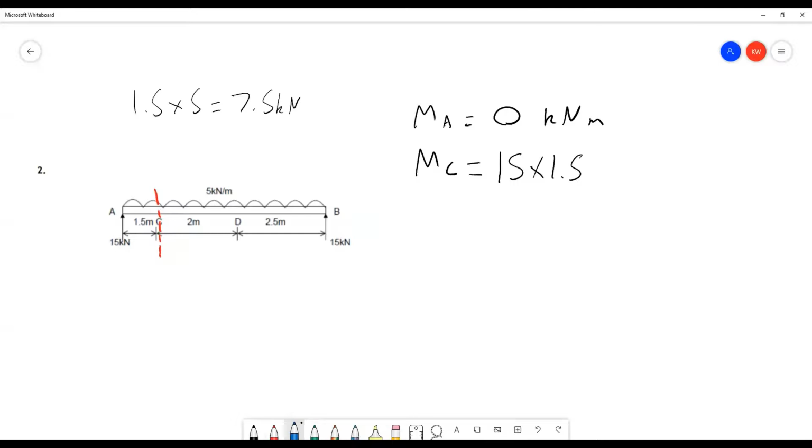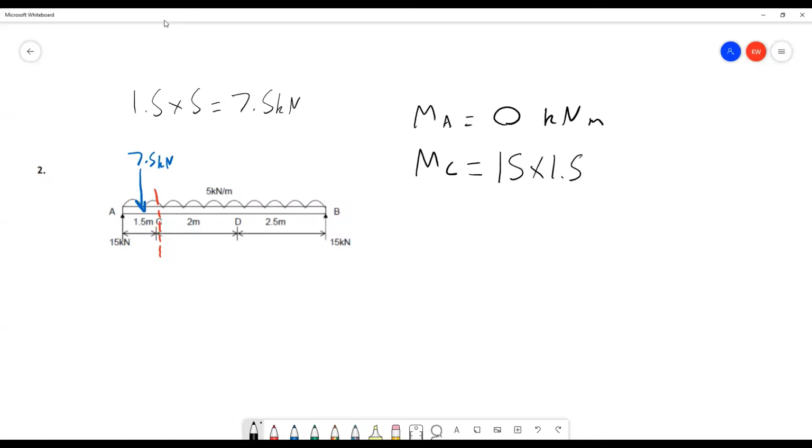So we're going to get a 7.5 kilonewton force applied halfway between A and C. So that's 7.5 kilonewtons, and halfway between 1.5 meters is 0.75 meters, 75 centimeters.